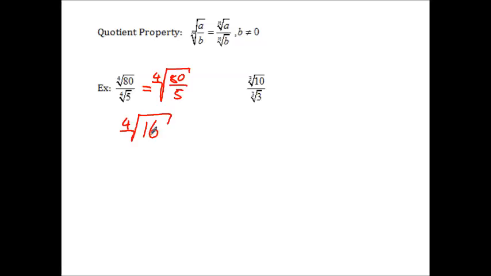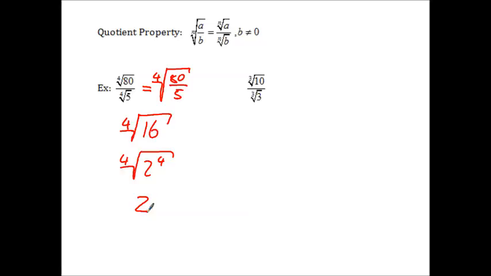And 16, as you will know if you break it down with your factor tree, is 2 to the power of 4. And if we take the fourth root of 2 to the power of 4, remember exponents and roots are inverse operations, and if they are raised to the same level, they cancel each other out. So our answer is 2.